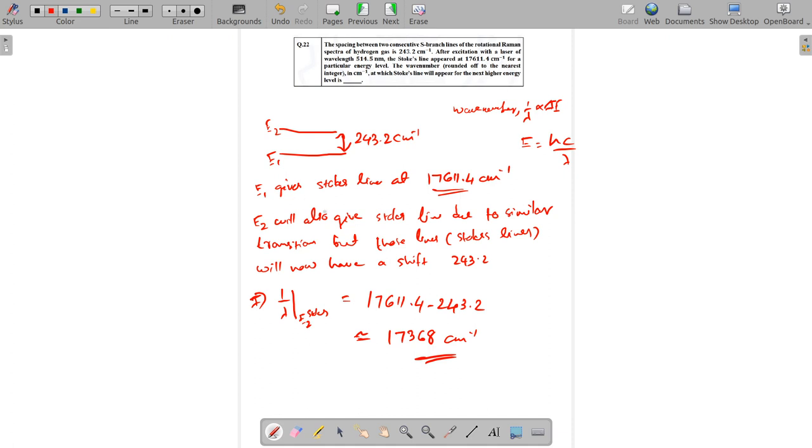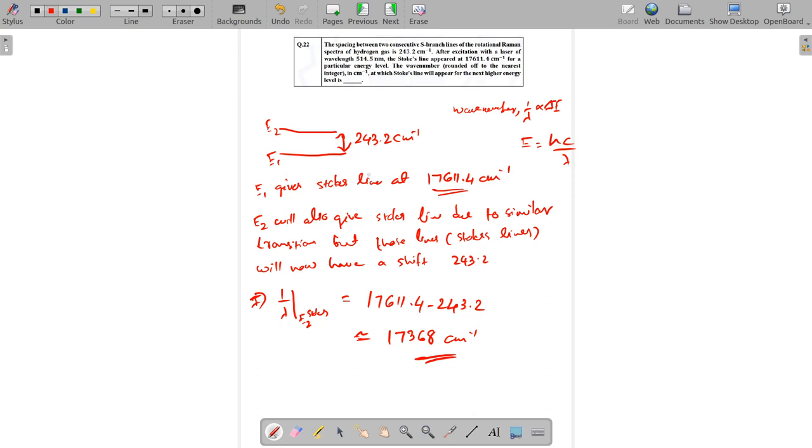The idea is that the Stokes lines corresponding to E1 and E2 will again have the same spacing, 243.2. That is what I am guessing.